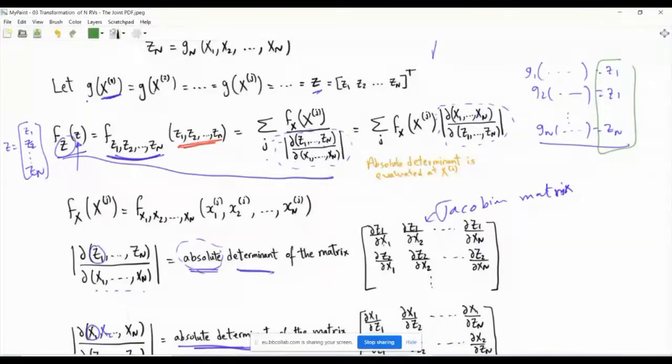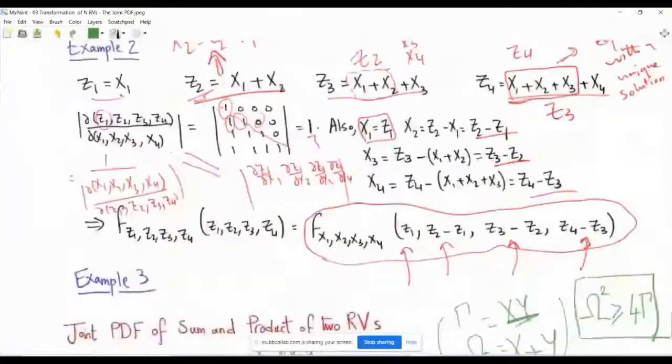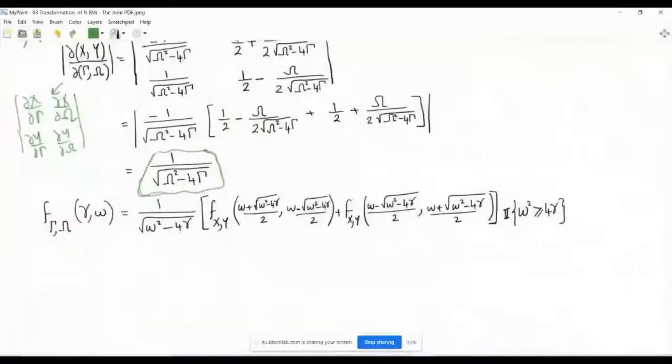Our final objective is to get the joint PDF of the product and the sum, f of gamma and omega, and so we need to express x as a function of gamma and omega. Now we have two terms, and again, for both terms, you can check by doing the absolute determinant that you get the same factor, and this is actually our result.